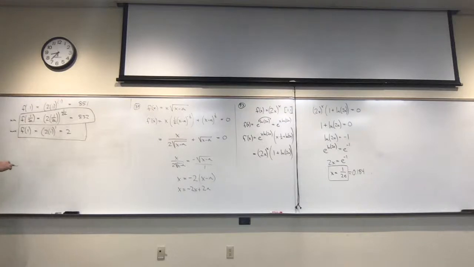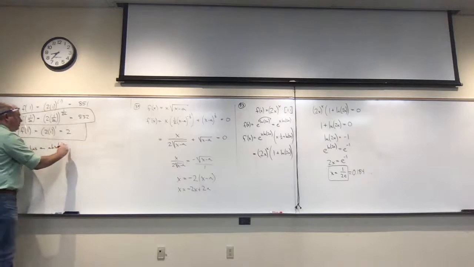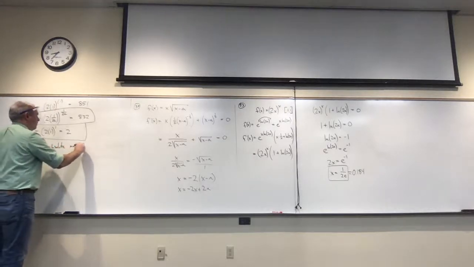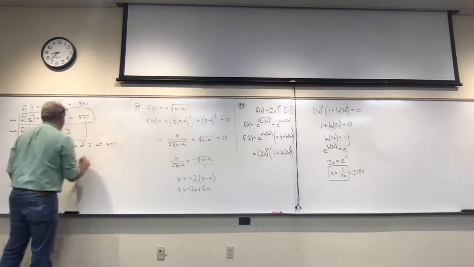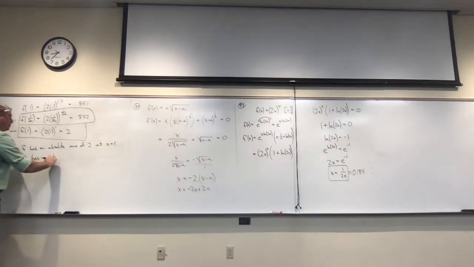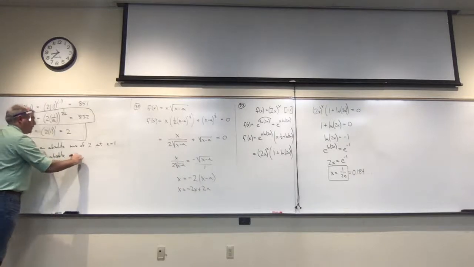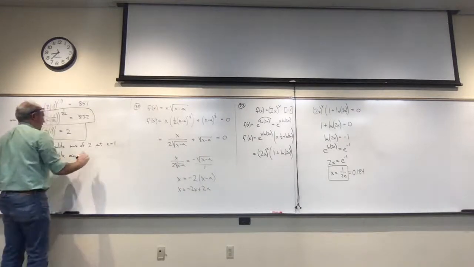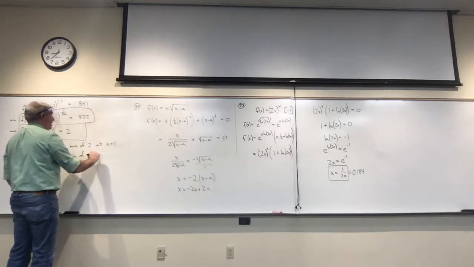No problem. So anyway, I would say f has an absolute maximum of 2 at x equals 1. And f has an absolute minimum of, in this case, at least providing calculator correctness, 0.832.